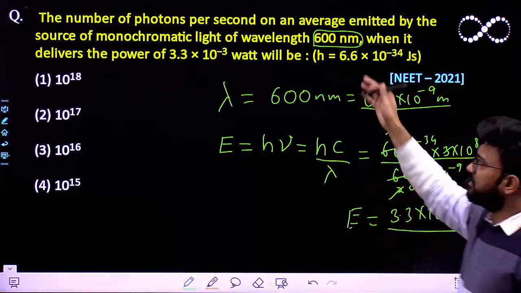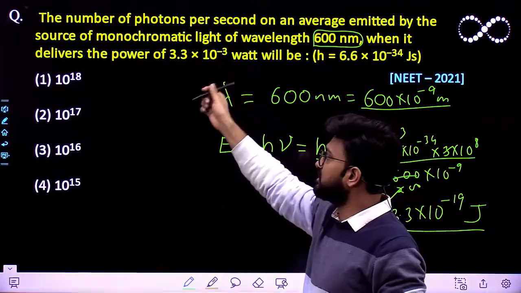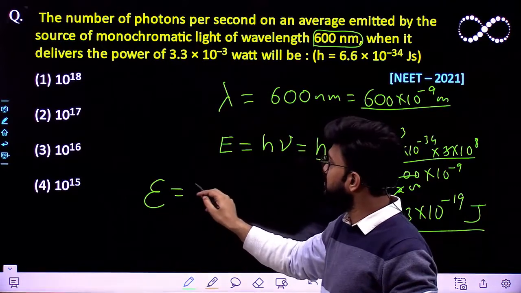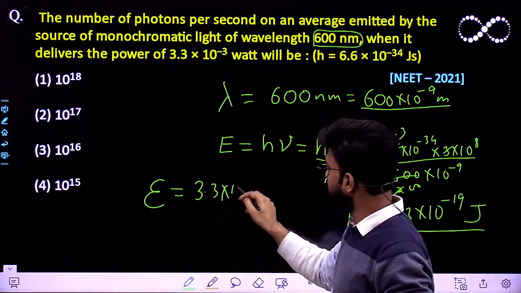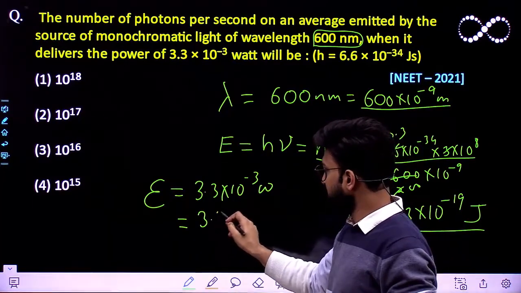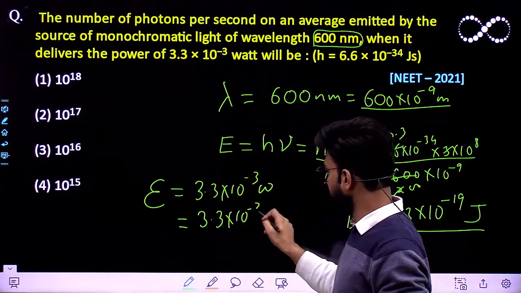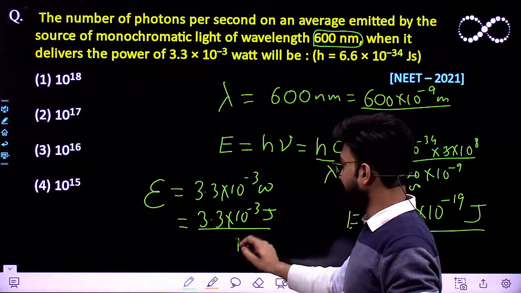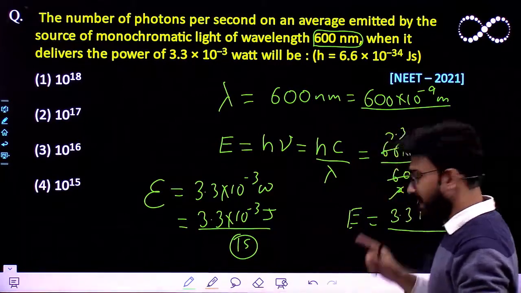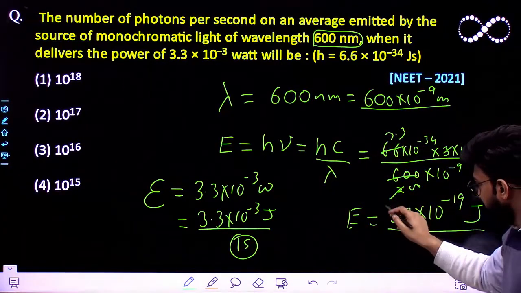This source delivers this much energy each second. So the energy delivered is 3.3 into 10 to the power minus 3 watt, which is nothing but 3.3 into 10 to the power minus 3 joule per second. That means with each second this much energy has been delivered, and the energy of each photon is this.